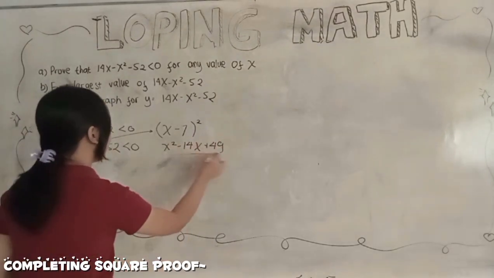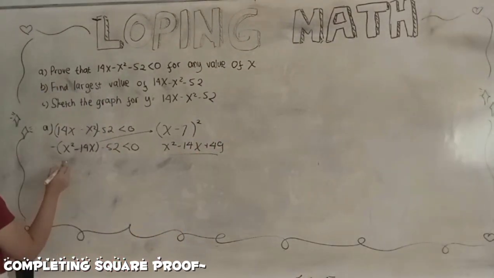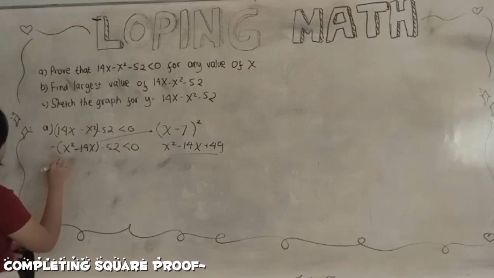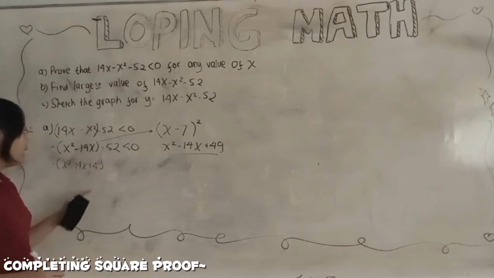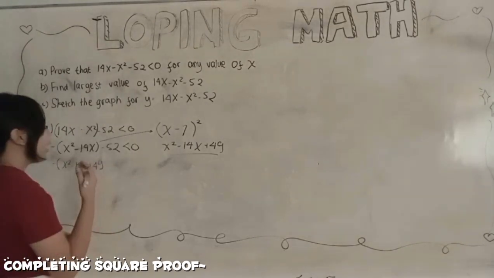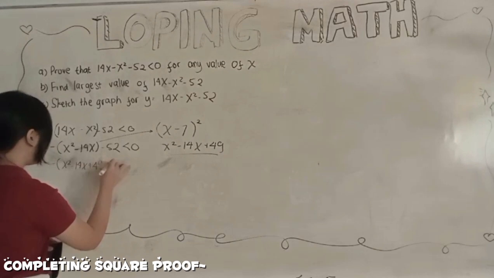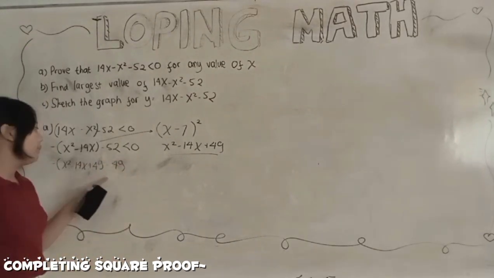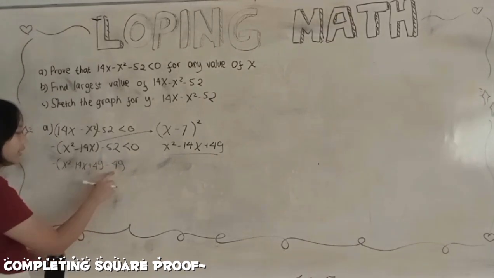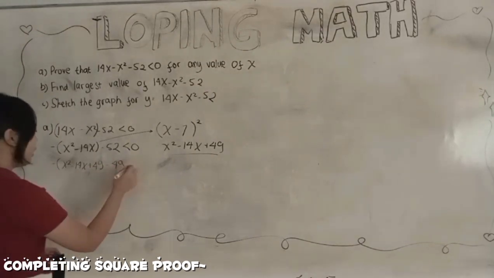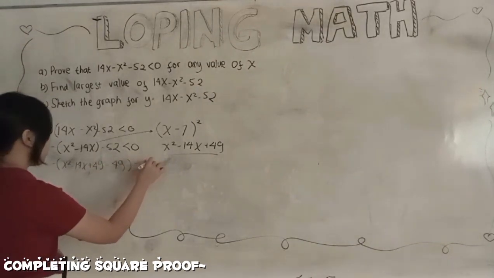And then we put this back into our question here. So it will be minus in brackets x squared minus 14x plus 49 here. And then we have to add minus 49 also here. Why? Because we want to keep the original value the same. Okay, so we add minus 49 here, and then simply write the rest.